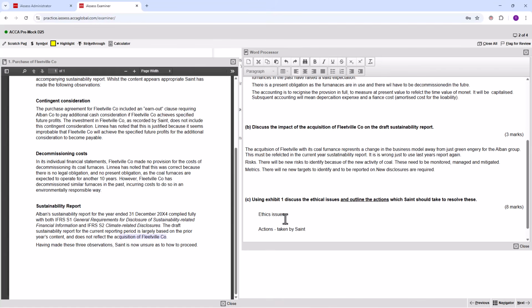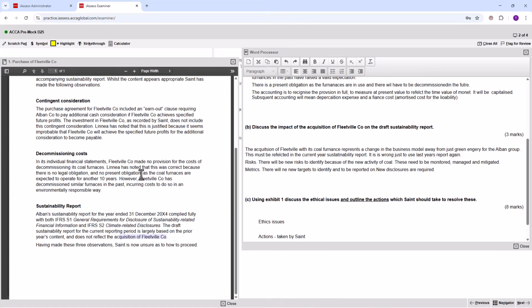And this is, I'm not going to say traditional, but this is one type of ethical question where you've got some accounting situation. So it's not really about bullying. It's not really about nepotism. It's not really about organizational culture. It is a little bit more about financial reporting. Now, what I want to do is to understand that the professional marks will be a byproduct of my structure and my editing and my commitment.